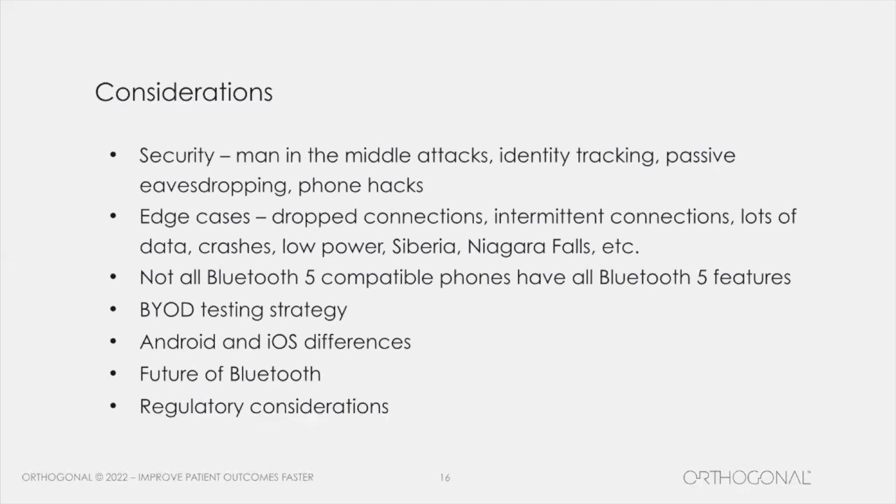So man-in-the-middle attacks, identity tracking, passive eavesdropping, phone hacks of some kind as well, not just on the Bluetooth connection, and cloud hacks that could result in issues as well.